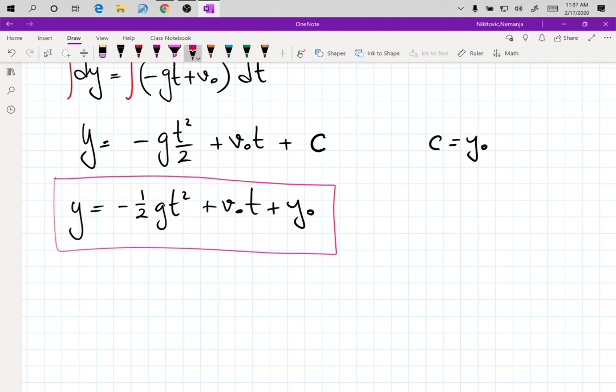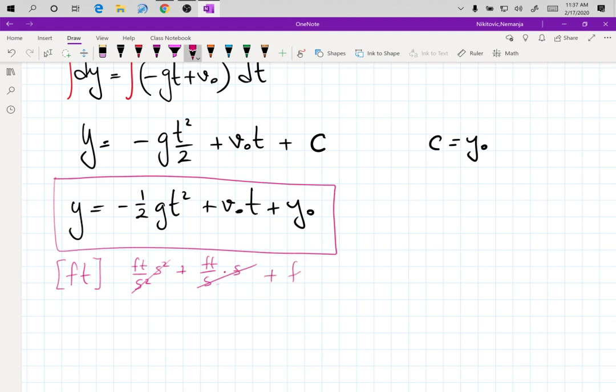The units of, in this case, would be, let's say, feet for y, and then you have 1/2, no one cares. G would be feet per second squared, and then here's your time in time squared, and they cancel. And then you would add feet per second, but then times single t, and then that cancels, right?